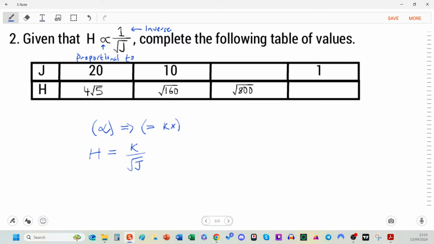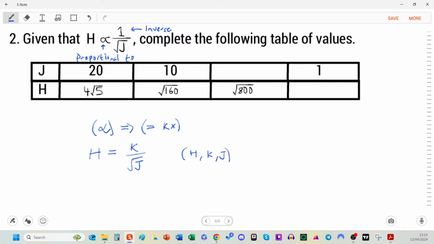It's all the same when we do direct proportion as well, but it's essentially k times 1 over what was there. But we know that with fractions, you multiply the numerator, so that's why it goes on top, and you'll just get used to seeing it straight up there. So this is a formula with three unknowns: h, k, and j.